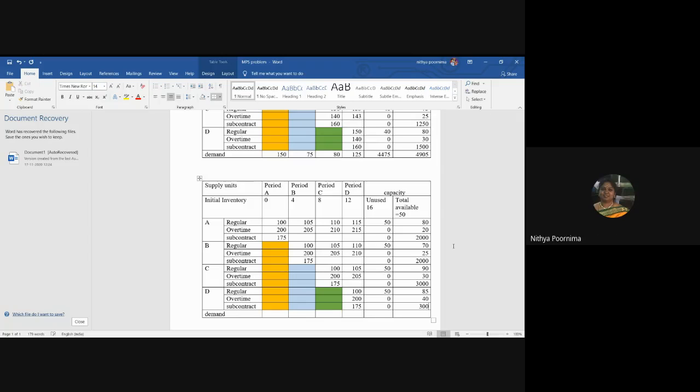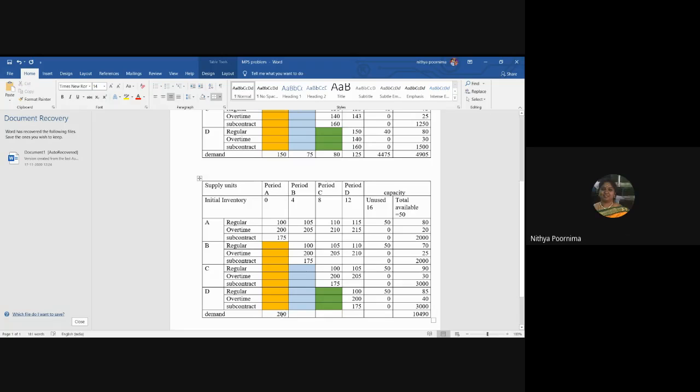Okay. Now the only component that we have not filled is the demand component. So can we fill the demand component? The total is 10,490. Very good. Can we fill the demand part? So first demand is given as 200.